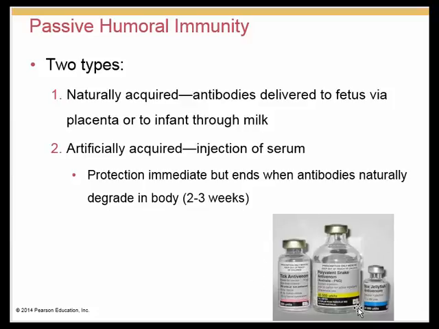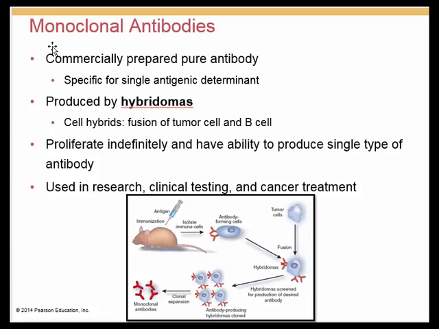We don't draw these out of people in little small batches. We actually make them in quite large batches in laboratories, and we will do that by a special process to make all those perfect antibodies against that one antigen using monoclonal antibodies. So one clone. These are commercially prepared for that single antigenic determinant.